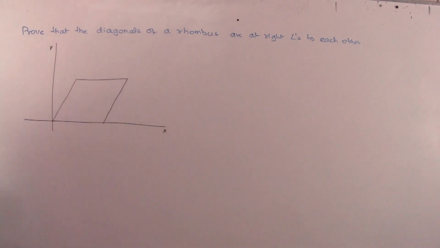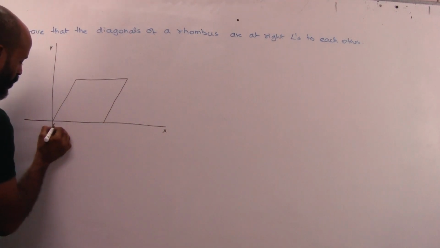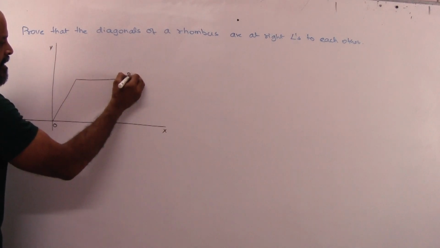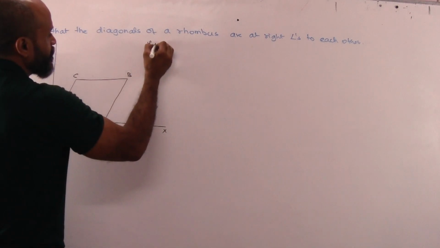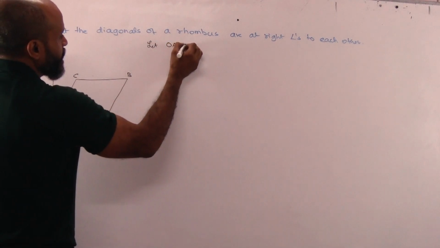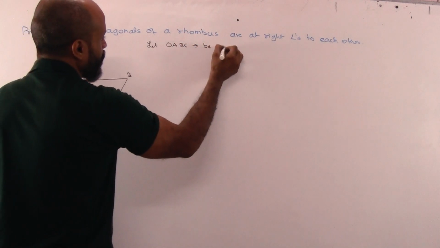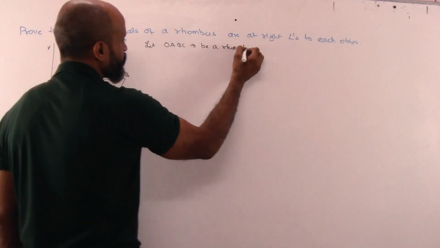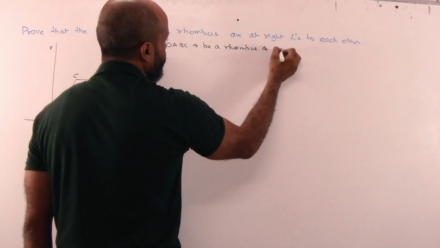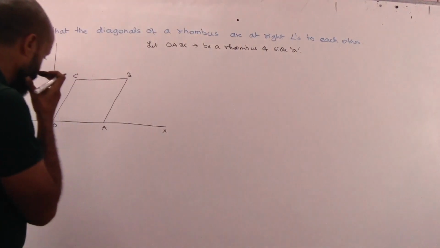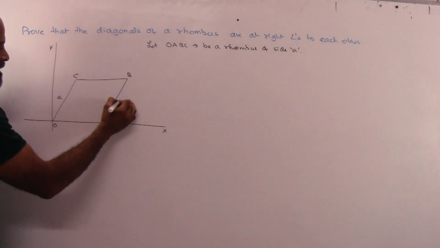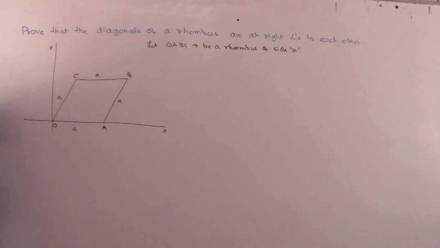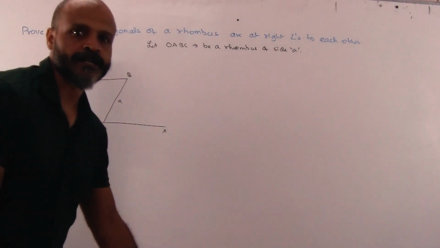Okay, so the rhombus is drawn in such a way, O, A, B and C. Let OABC be a rhombus of side A. Okay, so let's say this is side A, this is side A. Obviously all the sides will be A only, because in a rhombus all sides are equal.